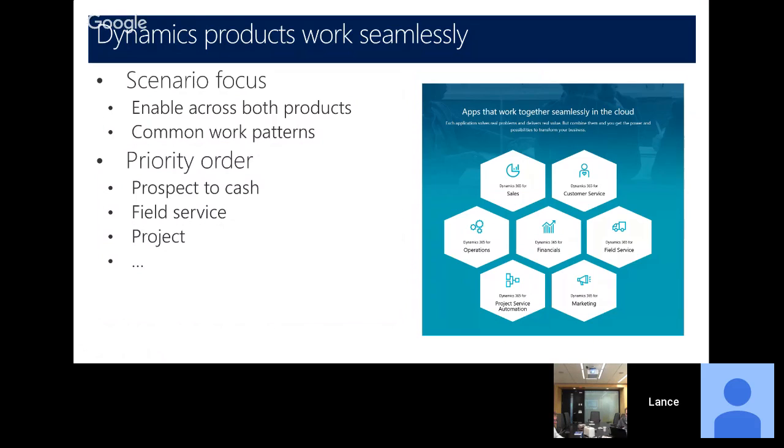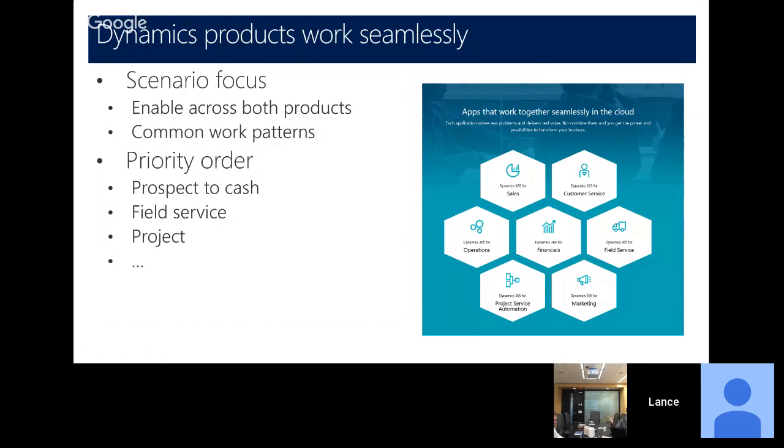And so they are. You can see here on the right some of the services that we have together that we want to get to work together. The way that we're going to enable them working together is through a scenario focus. A good example is, if I have Dynamics 365 for Sales, and I contact somebody and I want to put them in as an account or a lead.